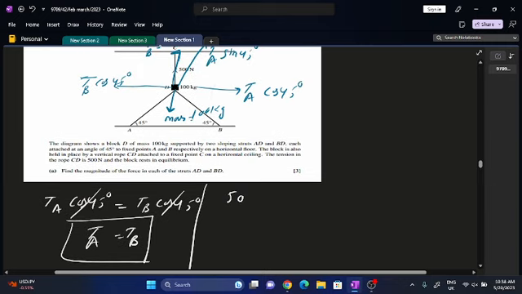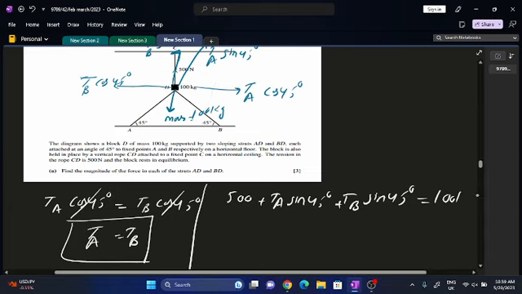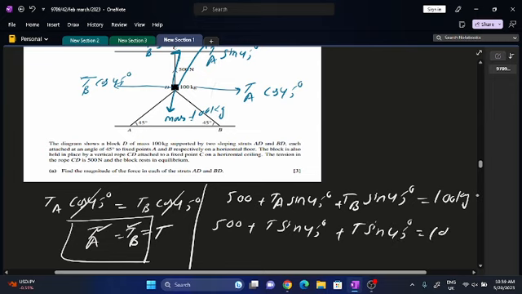So for the vertical component, there should be 500 plus TA sine of 45 degrees plus TB sine of 45 degrees, which equals the weight, 100 kgs, that is 1000 Newton. Since TA equals TB, in place of TA and TB you can simply use T. So it will be 500 plus T sine of 45 degrees plus T sine of 45 degrees, which equals the weight.